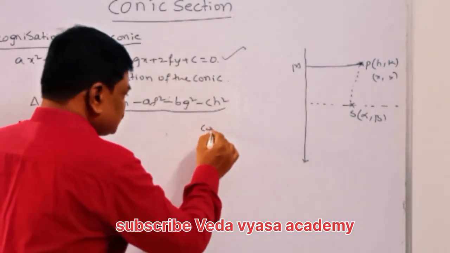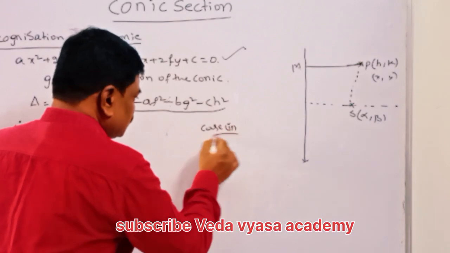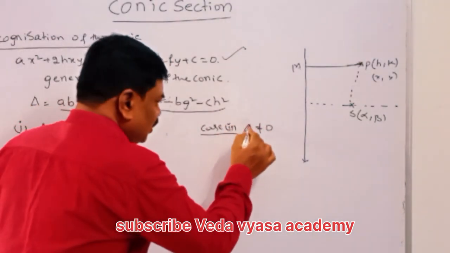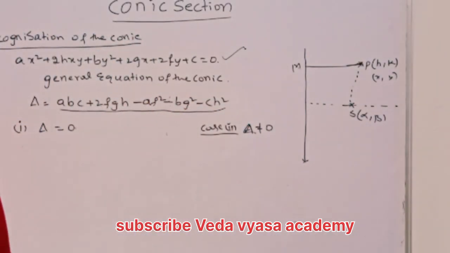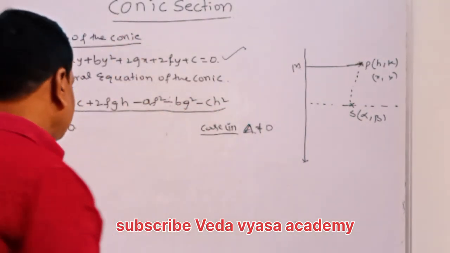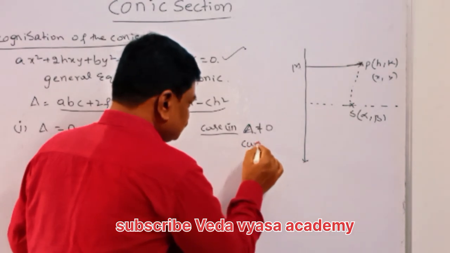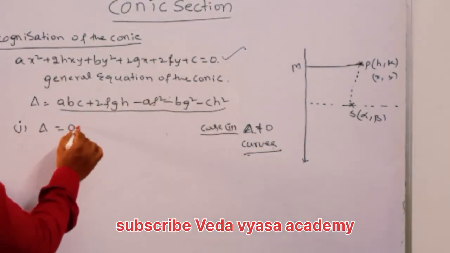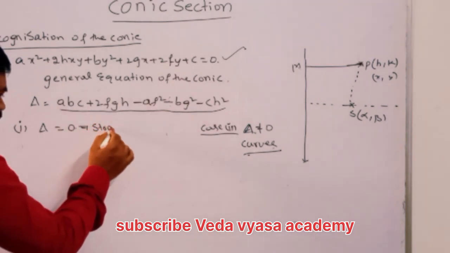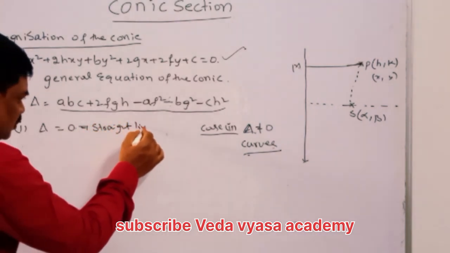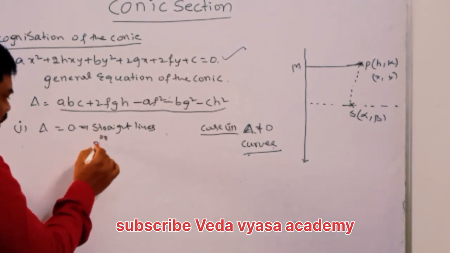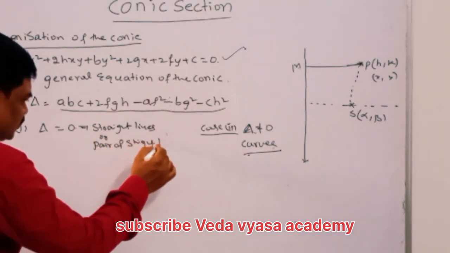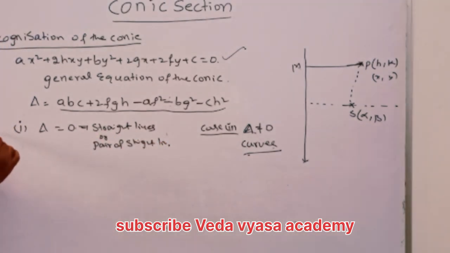Case 2: if delta not equal to 0, it represents the curves. Okay, all of you. Case 1 represents the straight lines or pair of straight lines.